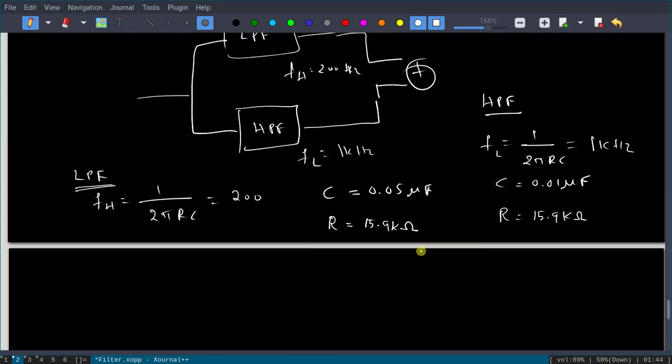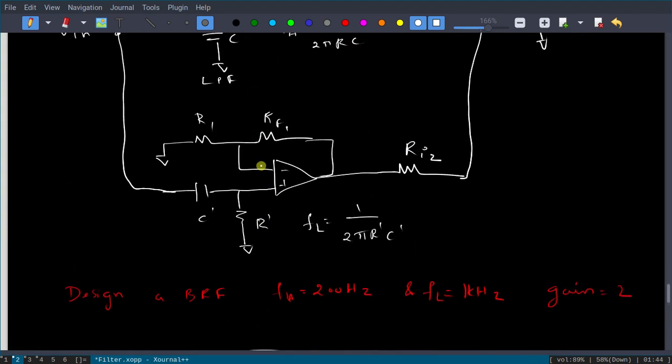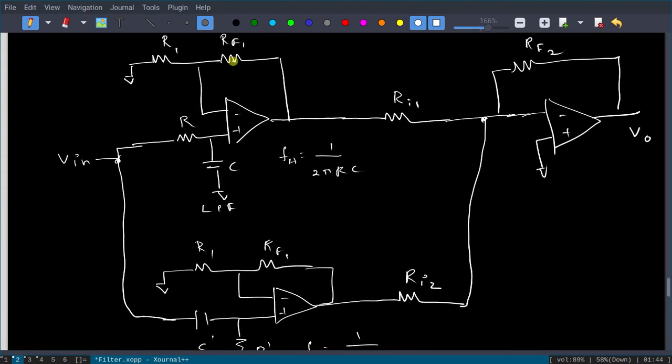Now the gain required should be 2. The gain is 1 plus RF1 by R1, multiplied with RF2 divided by RI1, with a minus sign. Total gain should be 2, so I will keep this gain equal to 2, and the summing stage gain will be 1.